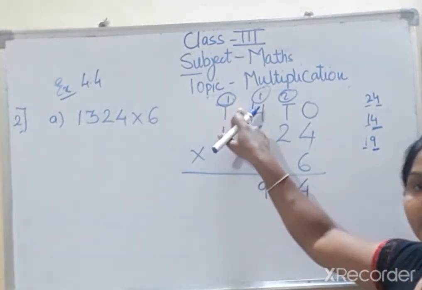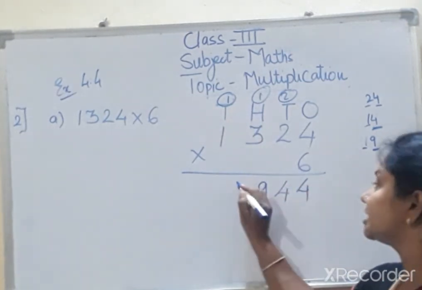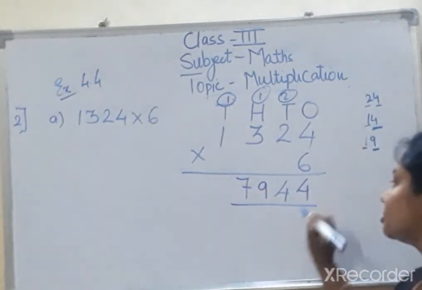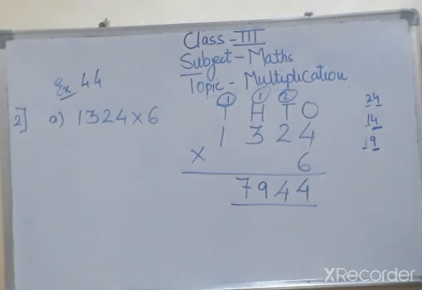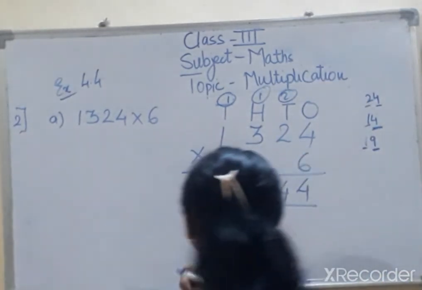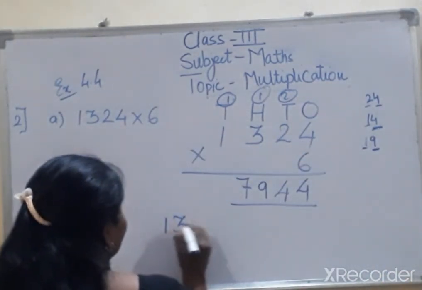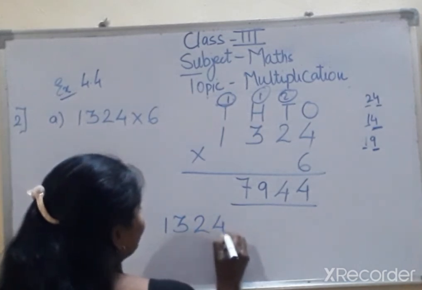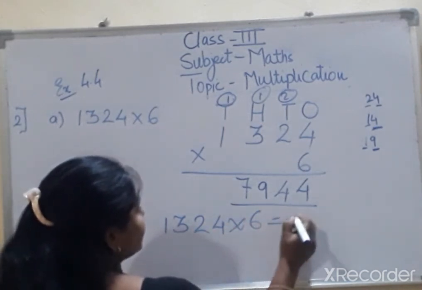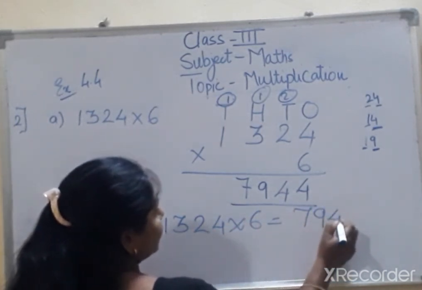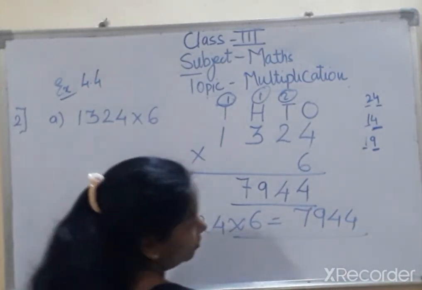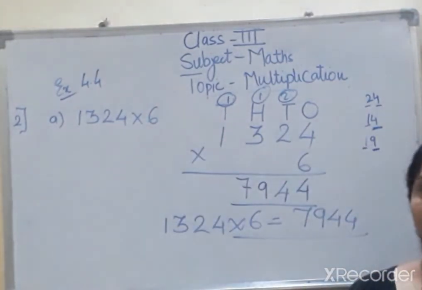And the one which we have carried, it becomes 7. 6 plus 1, 7. So what is the answer that we got after multiplying both the numbers? 1324 multiplied by 6 is equal to 7944. This is your product.